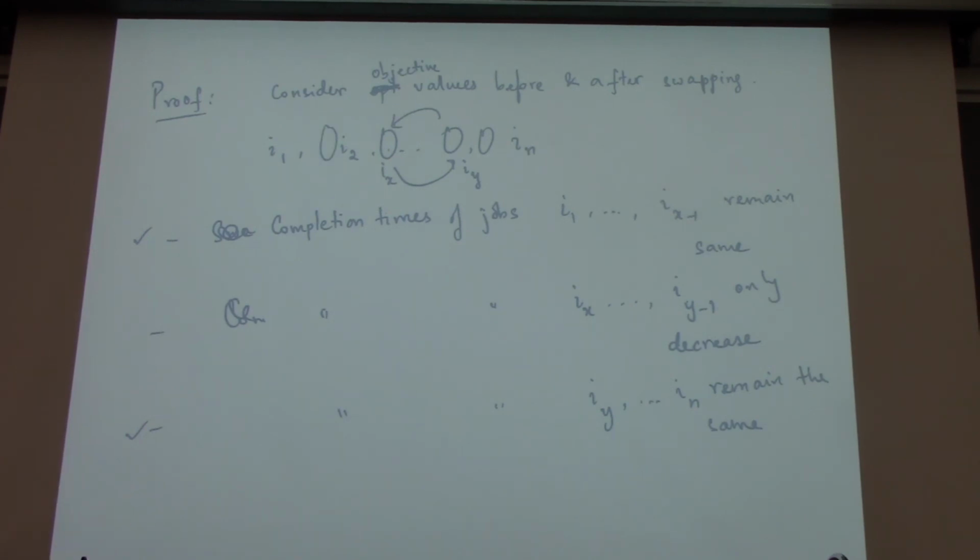And this one is true because initially the processing times were sorted, so we had Pix bigger than Piy.